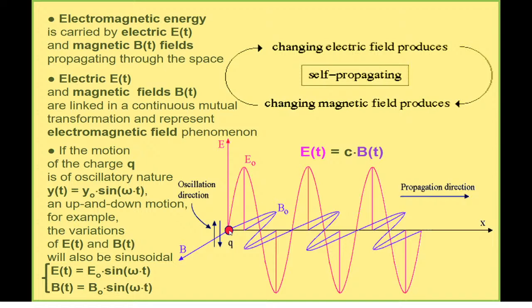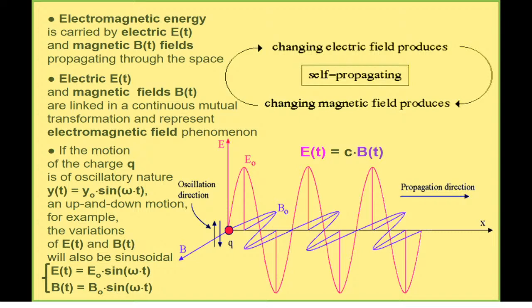When it starts to move, the electric field becomes not static, but an alternating electric field. Immediately after the first instant of its change it produces a magnetic field, and this magnetic field follows in its change the change of the electric field.